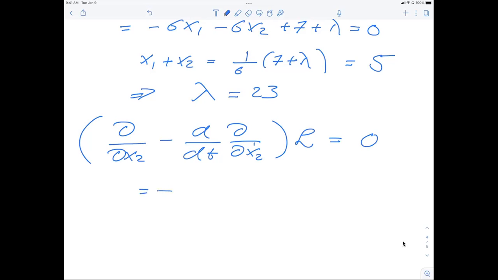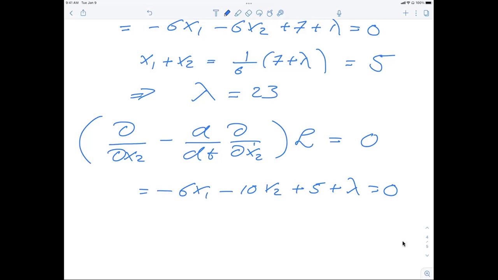What we get is that this is equal to minus 6 x1 minus 10 times x2 plus 5 plus lambda is equal to 0. Then we plug in the value of lambda and do the calculations, and we have the two equations.